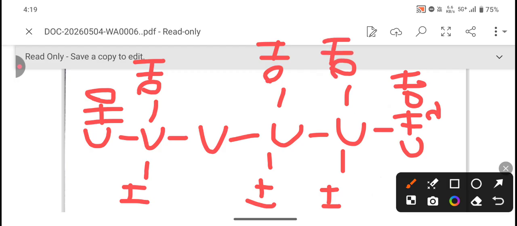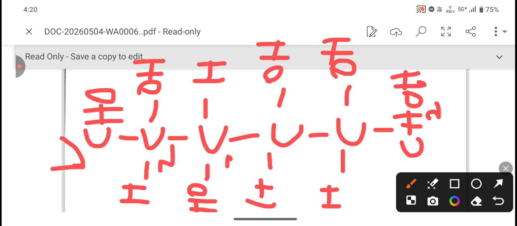The main difference is at the third position, where you can observe a difference in configuration: the hydroxyl group comes towards the left and the hydrogen towards the right. This is how you draw the straight chain structure of glucose, with molecular formula C6H12O6. These are the 6 carbon atoms, 1, 2, 3, 4, 5 and 6.